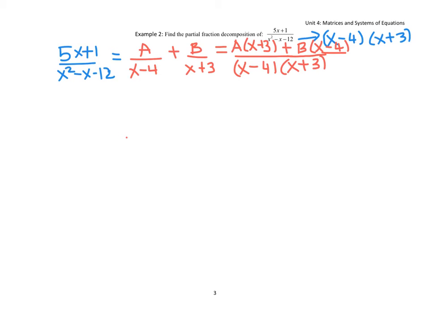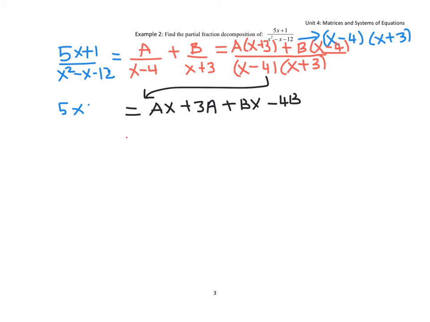So this is ax plus 3a plus bx minus 4b, and I'm not even going to write the denominator anymore because I know I'm just equating the numerator. So this is equal to 5x plus 1.